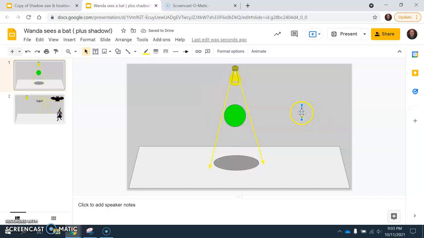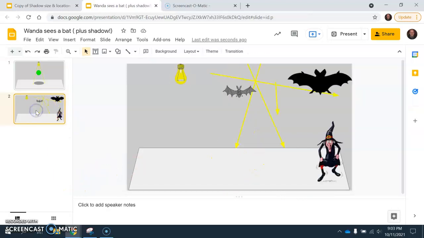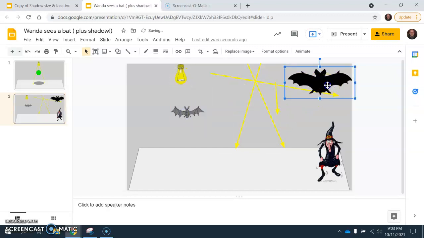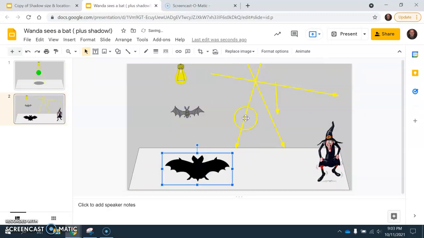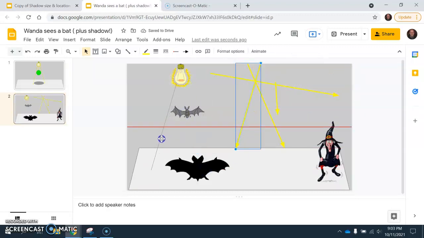And also, to create a shadow, that darker area has to be done by some light being blocked on its pathway, making an area of well-lit surface and areas of less well-lit surface. And you would be able to do the same thing with good old Wanda and her bat. So you'd have to arrange the bat in between the light source and the surface, arrange your rays of light.